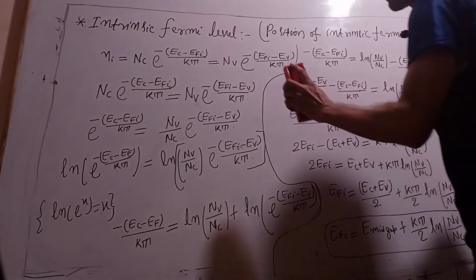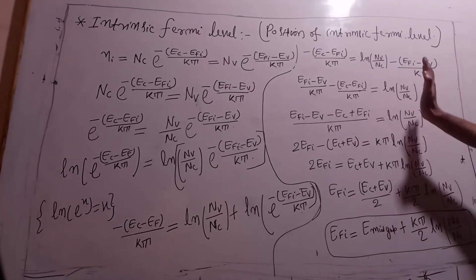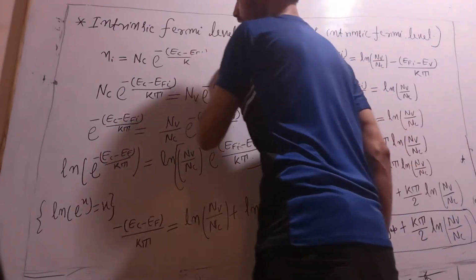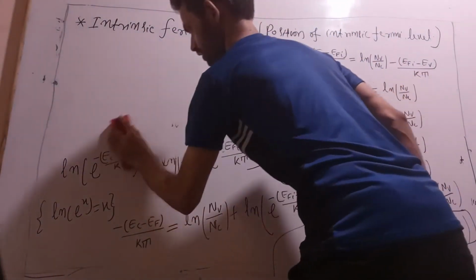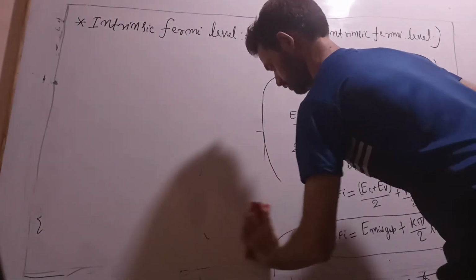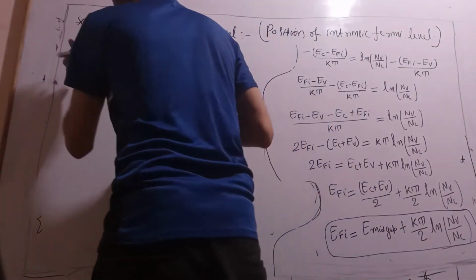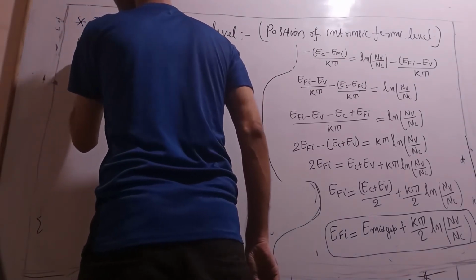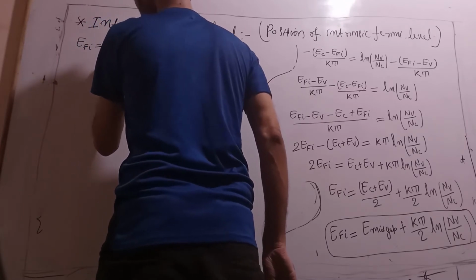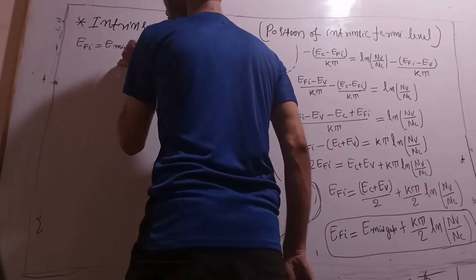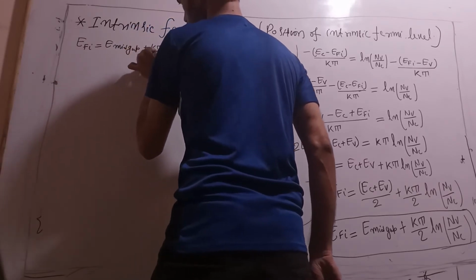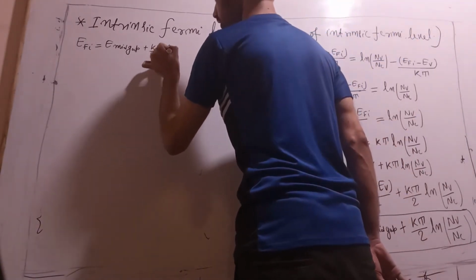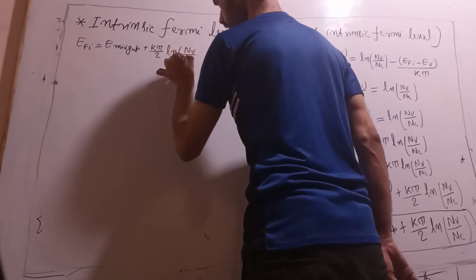Okay, so now see here. Just note this down, then after that we will see further. So what we got here, Efi is equal to E mid gap plus kT by 2 ln Nv by Nc.